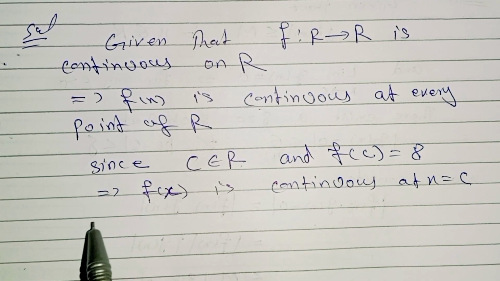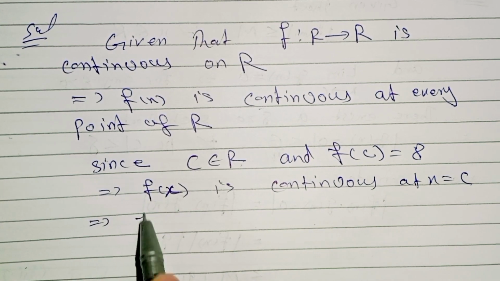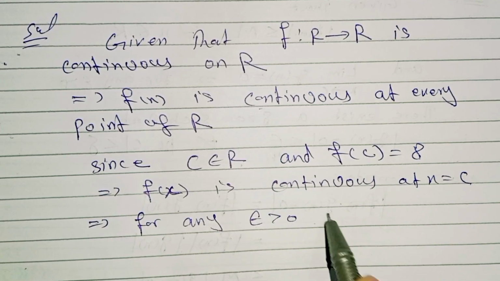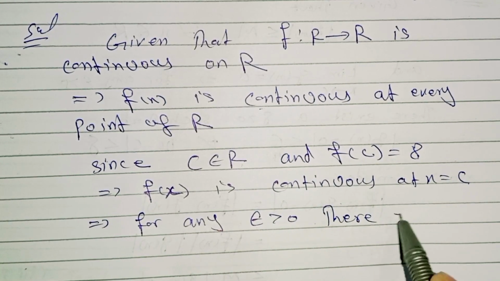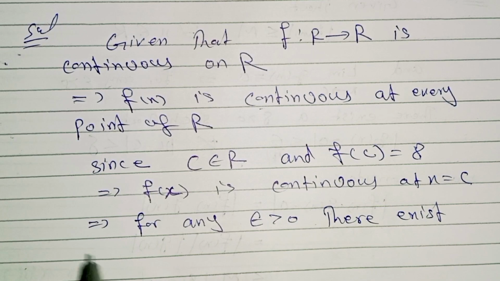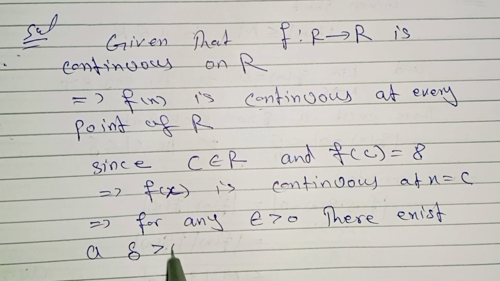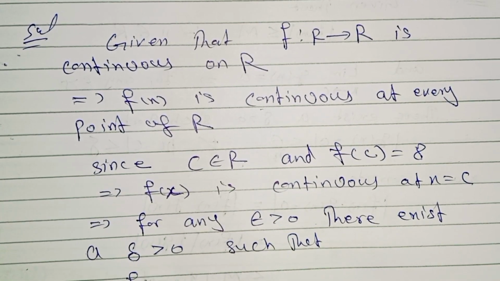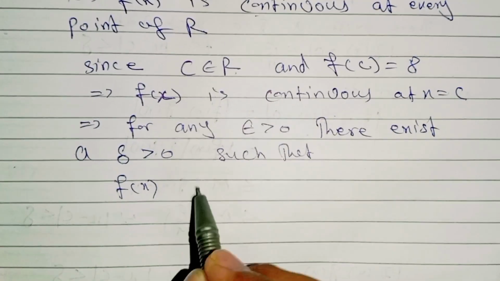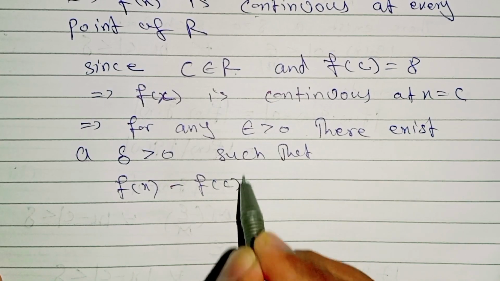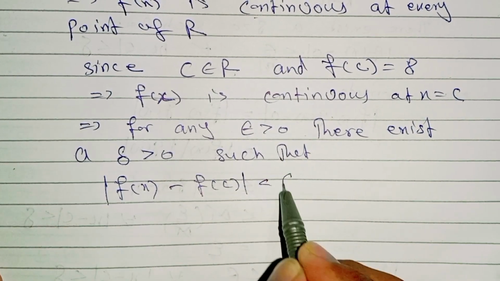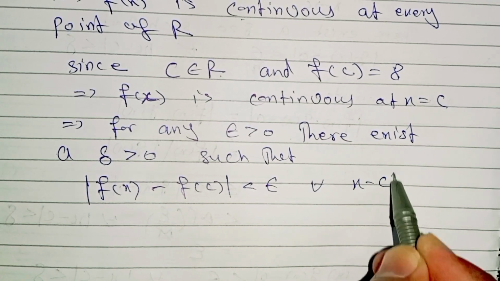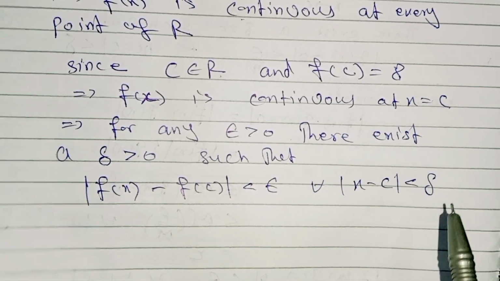By definition of continuity, this implies that for any epsilon greater than 0, there exists a delta greater than 0 such that |f(x) - f(c)| is less than epsilon for all |x - c| less than delta.